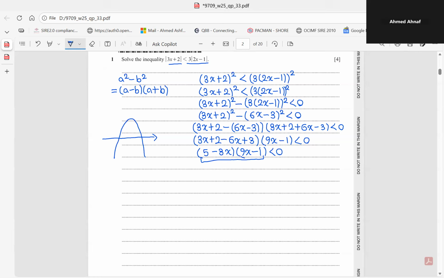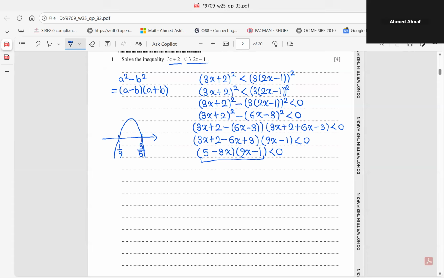So 3 over 5 is 0.6 and 1 over 9 is 0.11. So this is 1 over 9 and this is 3/5. 3/5 is 0.6, so 3/5 is more than 1/9. Now we look at the region of interest, which is based on our inequality sign.